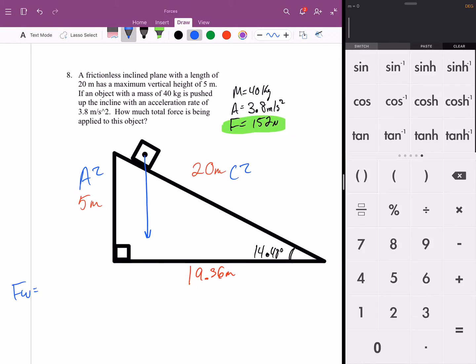Remind you that weight is mass times gravity. In this case, 40 kilograms times 9.8. You have a weight of 392 newtons.